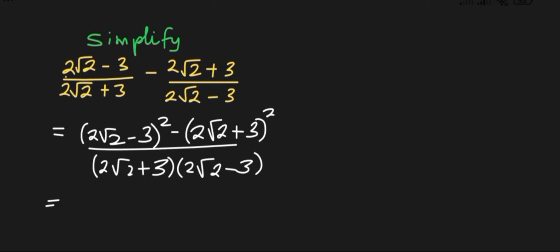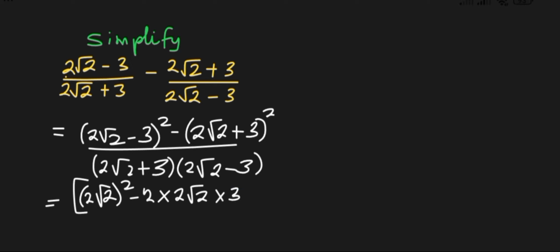Then we remove every bracket, but first in the numerator, the product of the perfect squares will be by binomial expansion. 2 root 2 minus 3 all squared will be 2 root 2 squared minus twice of 2 root 2 and 3, then plus 3 squared.